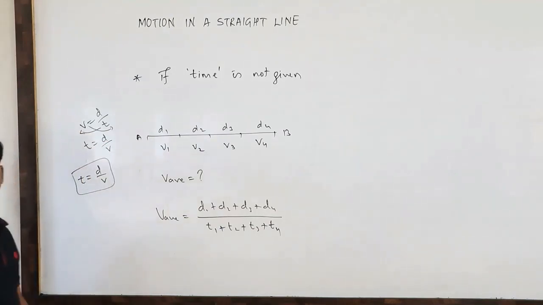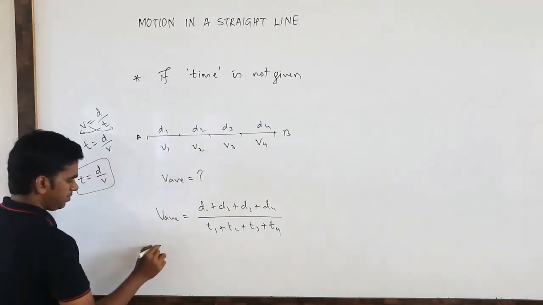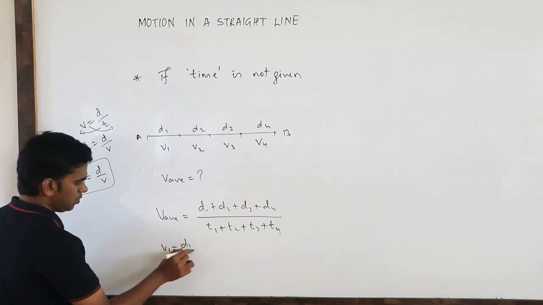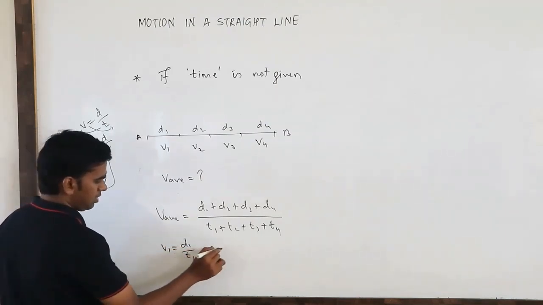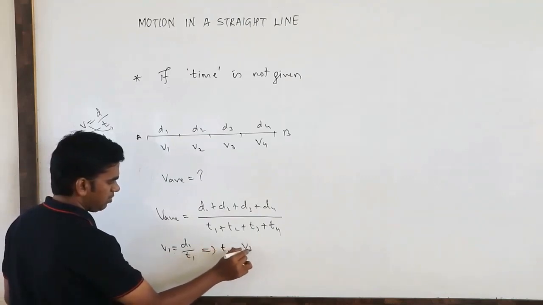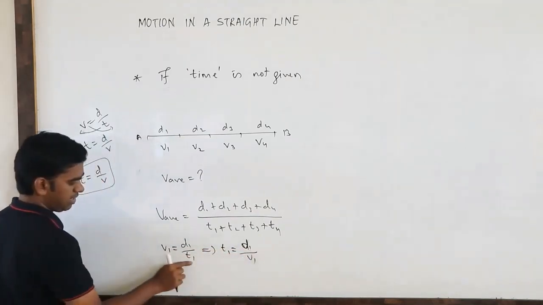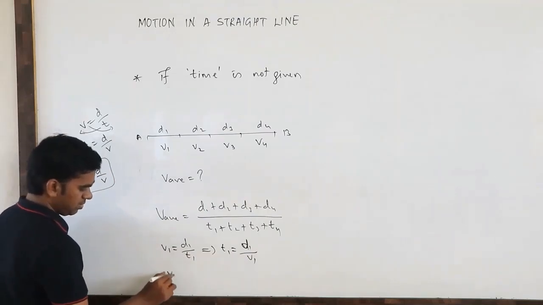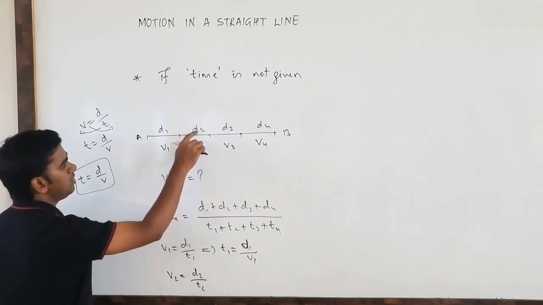So here v1 is equal to d1 by t1. It implies that t1 is equal to d1 divided by v1. v1 will come here, t1 will go here. Similarly, v2 is equal to d2 by t2.